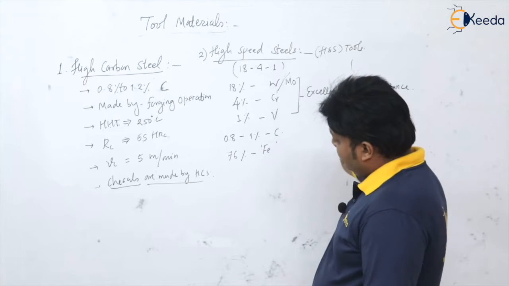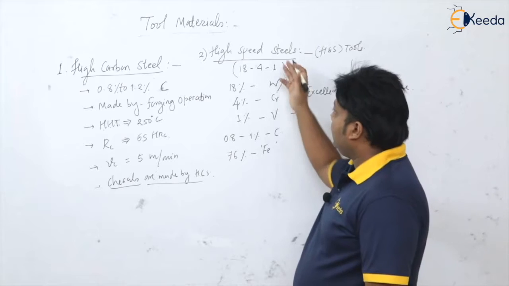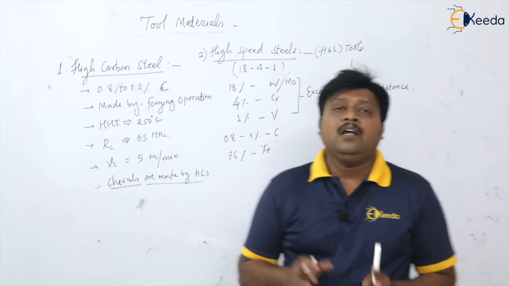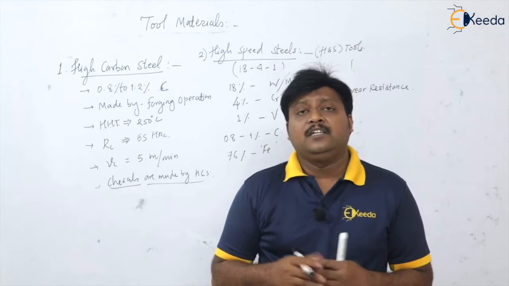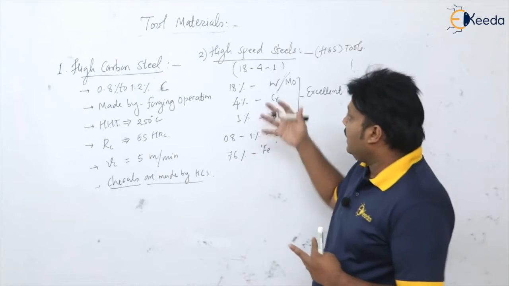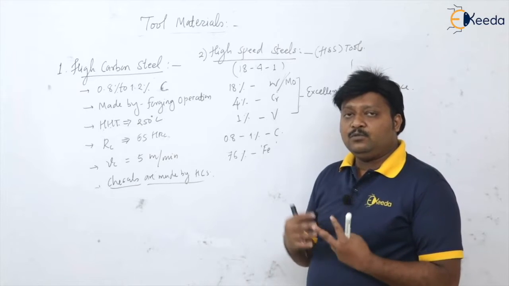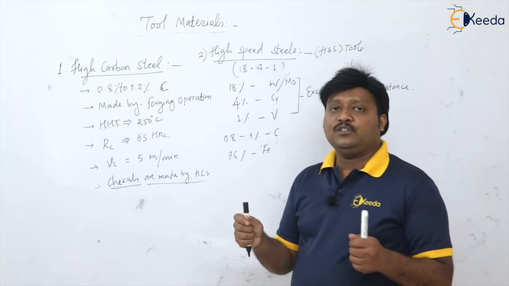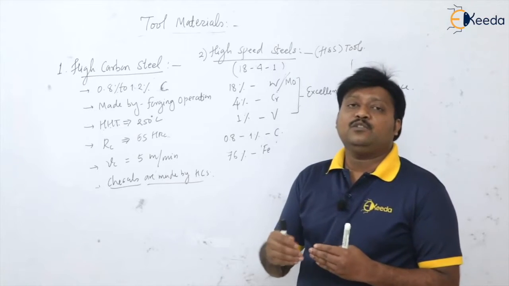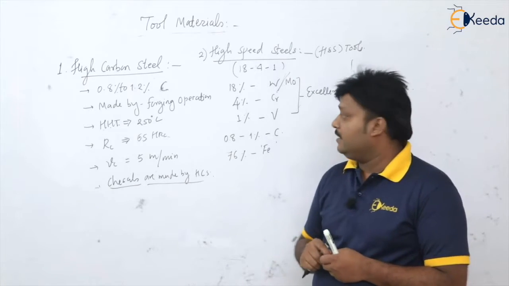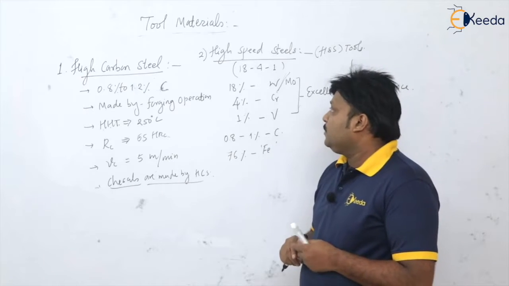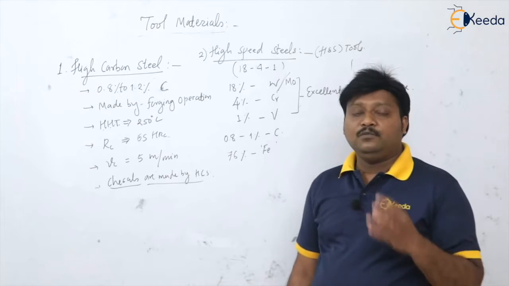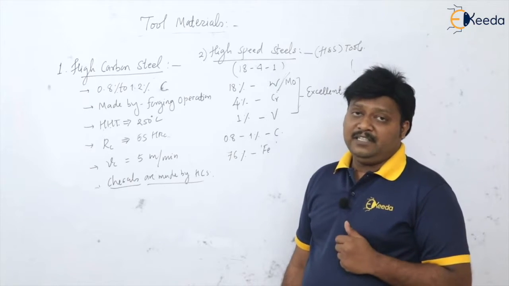Of course, ferrous materials have a huge affinity towards carbon. When you use this tool with ferrous materials, the carbon from the workpiece diffuses and creates some edge deterioration on the tool, so the penetration of the tool into the workpiece is quite difficult. That is the reason why this HSS tool is not used with ferrous materials.